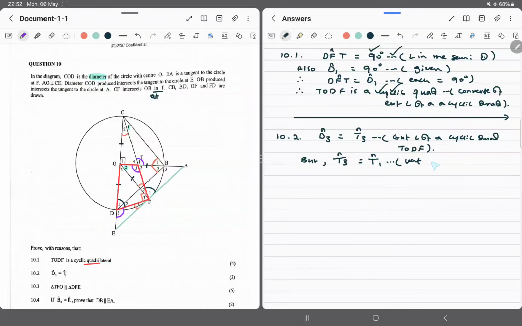These are vertically opposite angles, right? These are straight lines that intersect. So we can make a conclusion that therefore D3 is equal to angle T1 because each is equal to angle T3. Nice and easy.